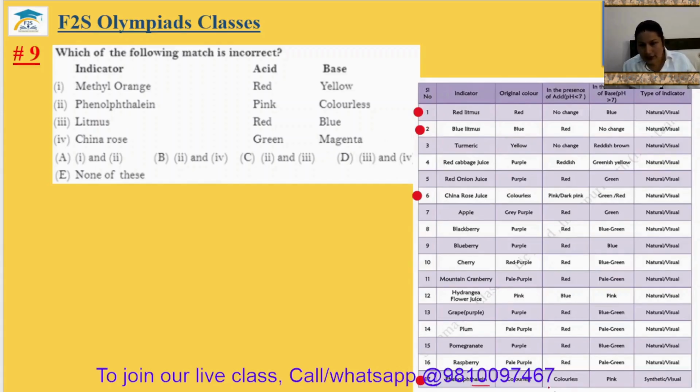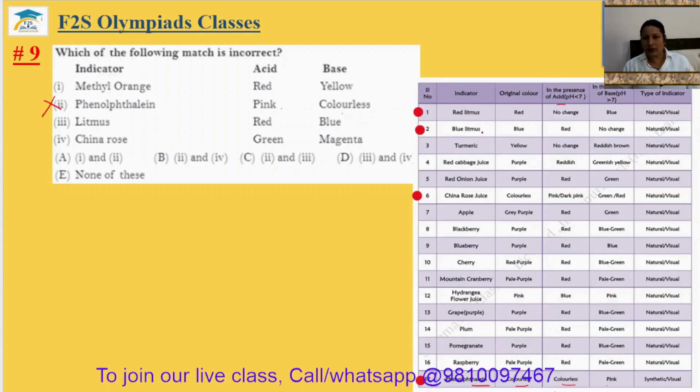The phenolphthalein's original color is colorless, and when it comes in the acidic solution it will be colorless only, and with the base it will be pink. So phenolphthalein with the acid pink and colorless, I think it is opposite. So 2 is incorrect.